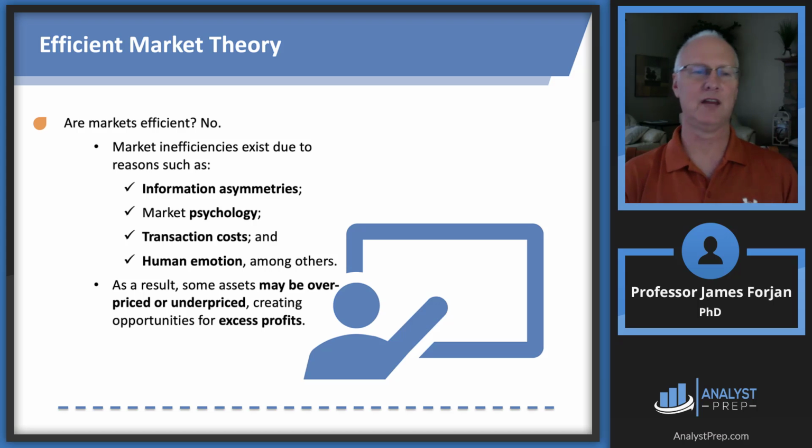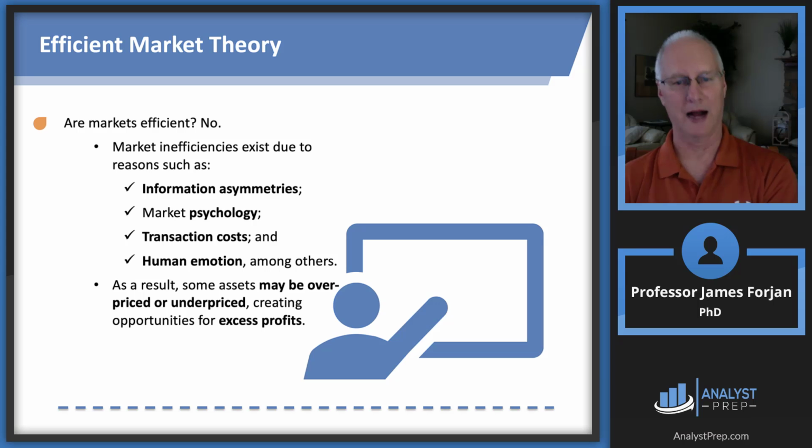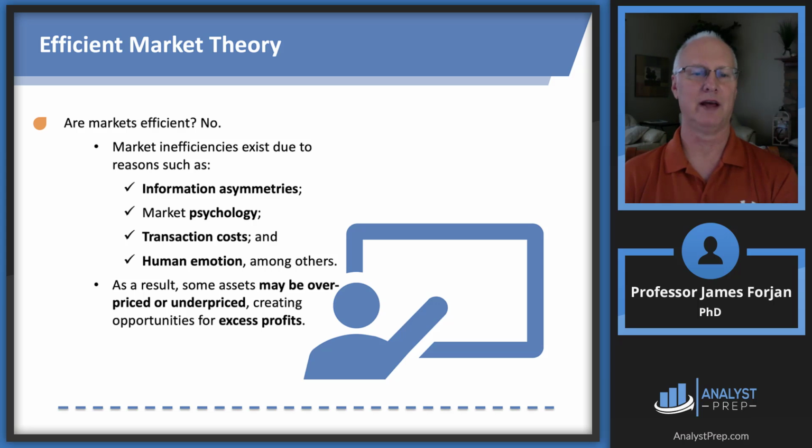So you have these individuals that have emotional biases. And these emotional biases and market psychology, like momentum and transaction costs, and the simple fact that executives know way more about the product lines than I do or we do as investors.